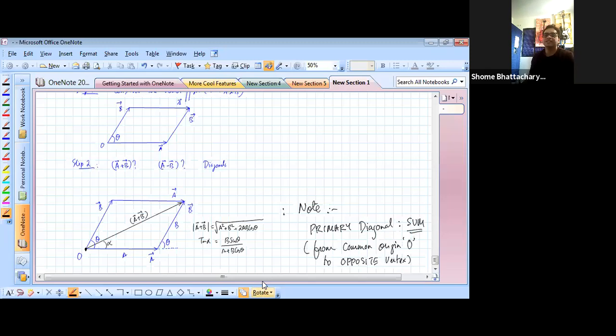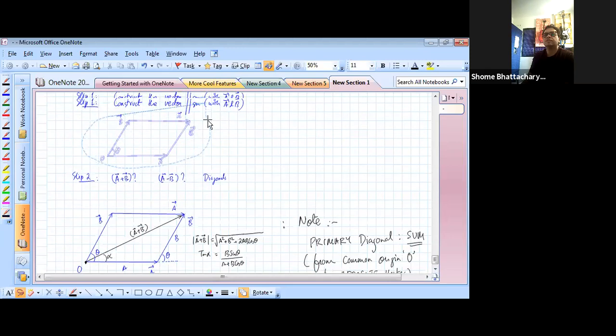Whereas next we'll see the secondary diagonal, which is from the head of B to the head of A, this one, that will represent the difference. So I hope the sum step is clear to all of you.